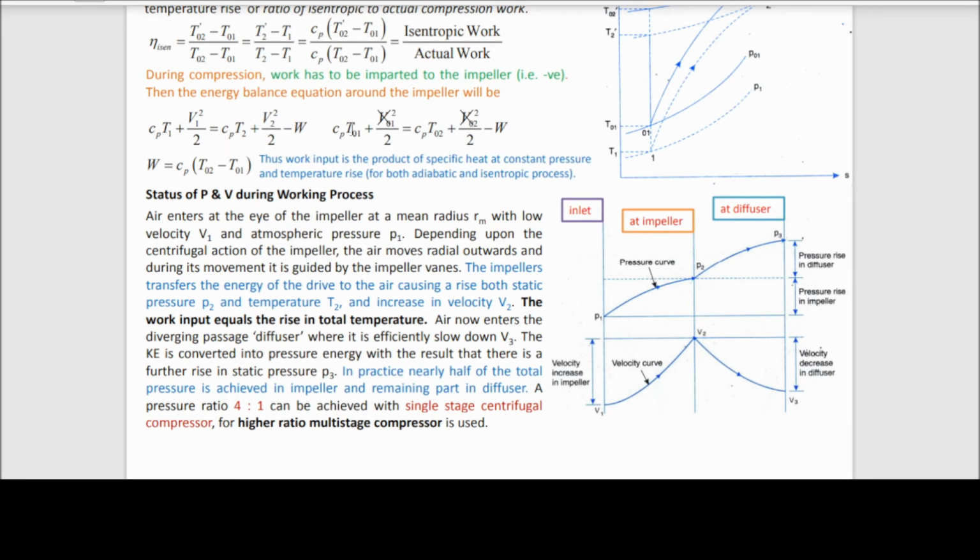Here also the same thing happens, and we can cancel these two, and this W is equal to Cp (T02 minus T01). Thus work input is the product of specific heat at constant pressure and temperature rise, for both adiabatic and isentropic processes.